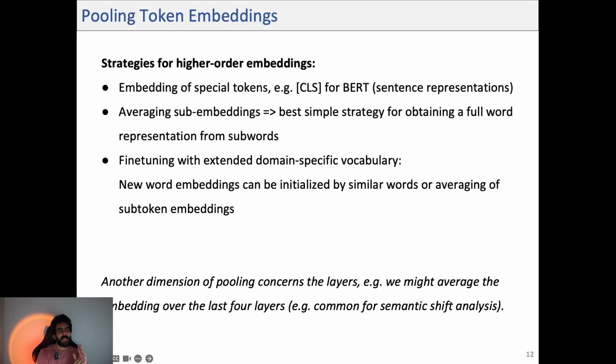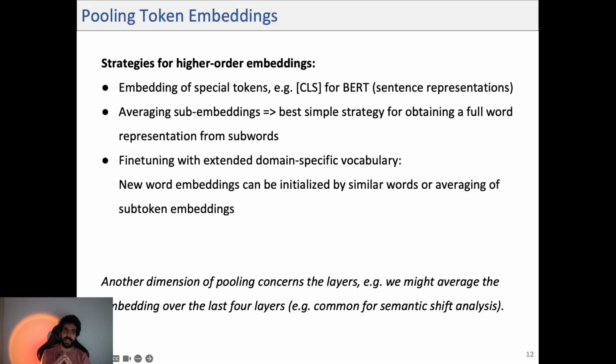Now let's talk about what happens when a word is split into subwords, or when we want to get an embedding for something bigger, like a full sentence. This is where pooling comes in. Pooling is simply a way to combine multiple embeddings into one. One method uses a special token. For example, in BERT, we have this CLS token.